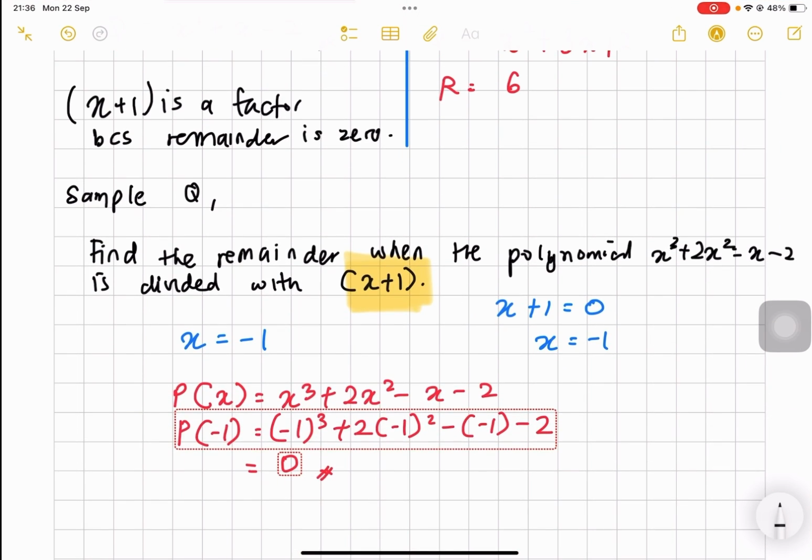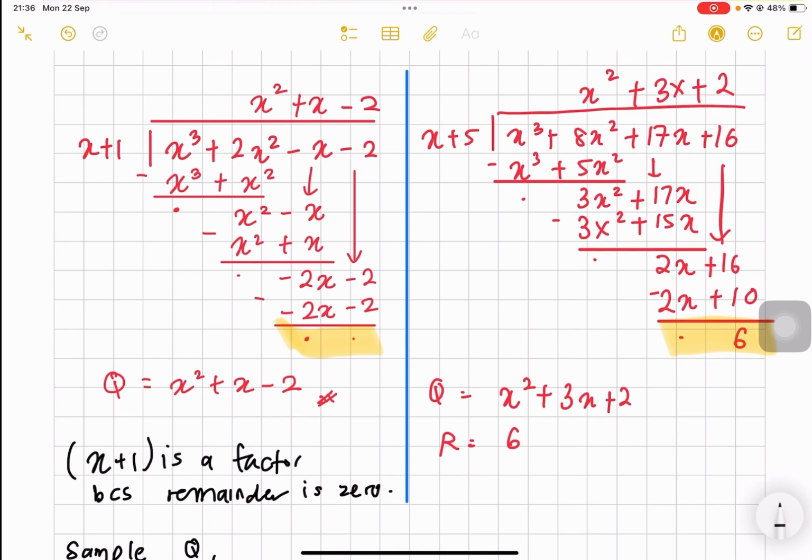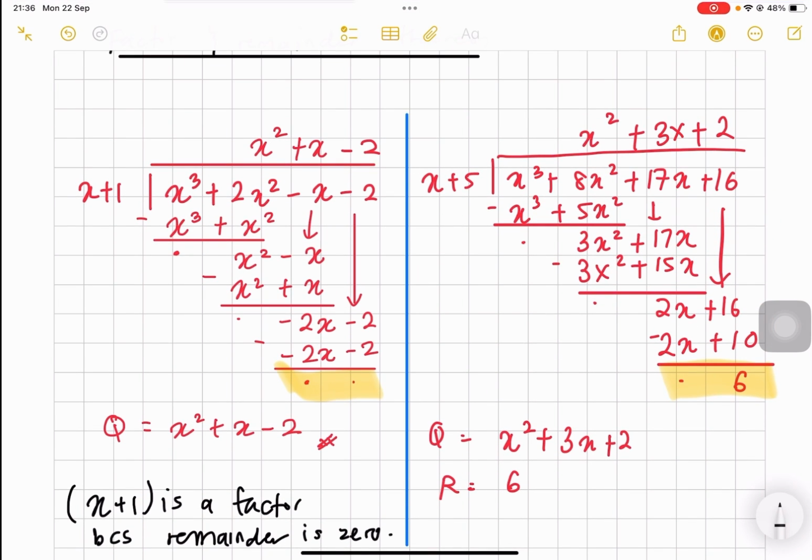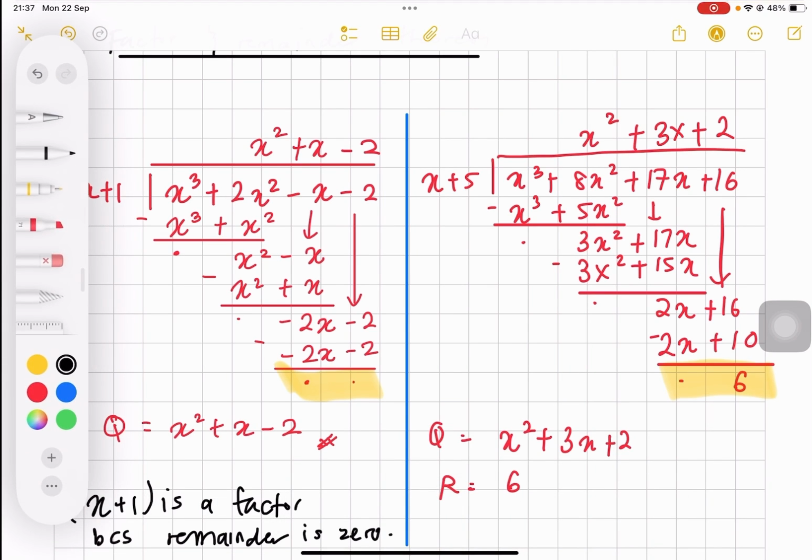Similarly, on the right hand side we can see there's a remainder of 6 when the polynomial is divided by x plus 5, so our divider x plus 5 is not a factor. We can use the same method.